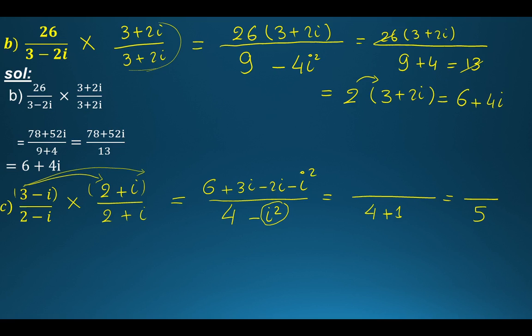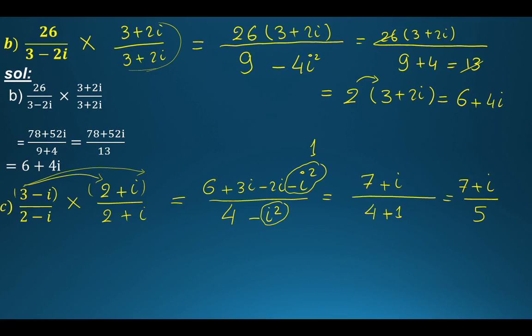Simplify further. Here negative i squared, we know that i squared equals negative 1, so negative times negative 1 equals 1. 6 plus 1 equals 7. And 3i minus 2i equals positive i. So the result will be 7 plus i over 5.